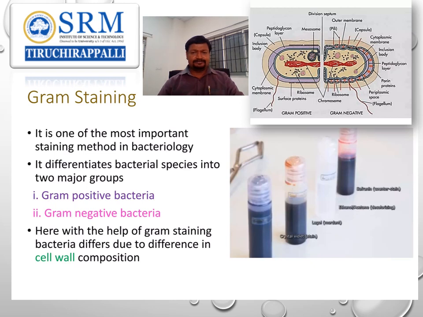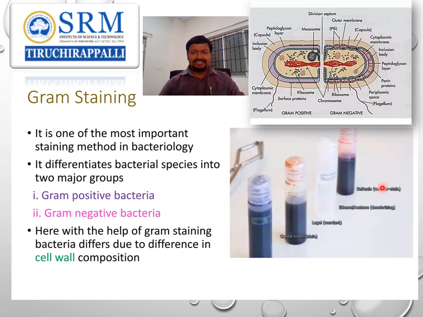Gram staining is one of the most important staining methods in bacteriology. It differentiates bacterial species into two major groups: gram positive bacteria and gram negative bacteria. With the help of gram staining, bacteria differ due to the difference in cell wall composition, a gram positive wall and a gram negative wall.